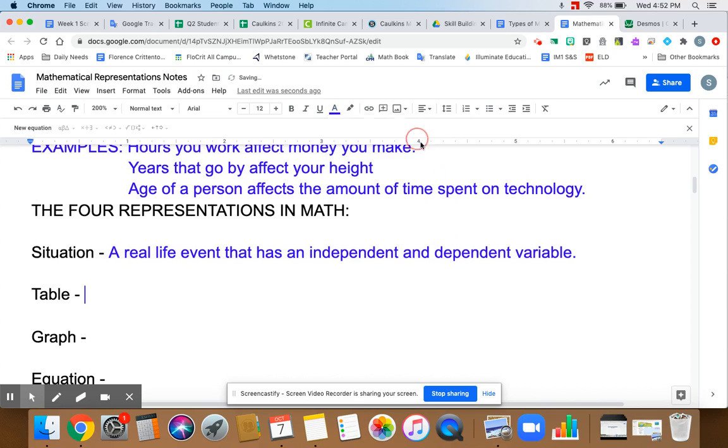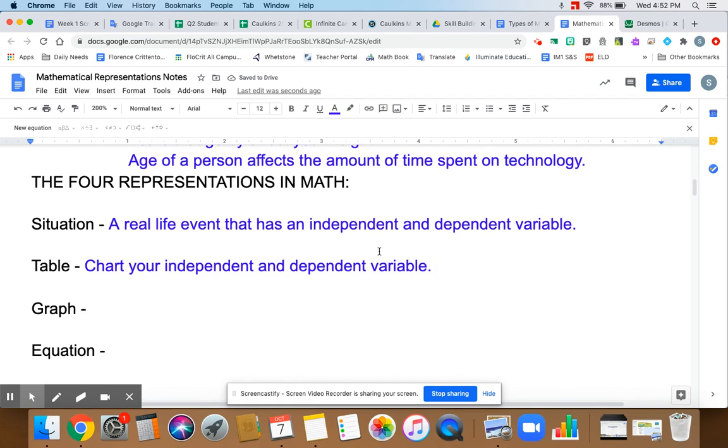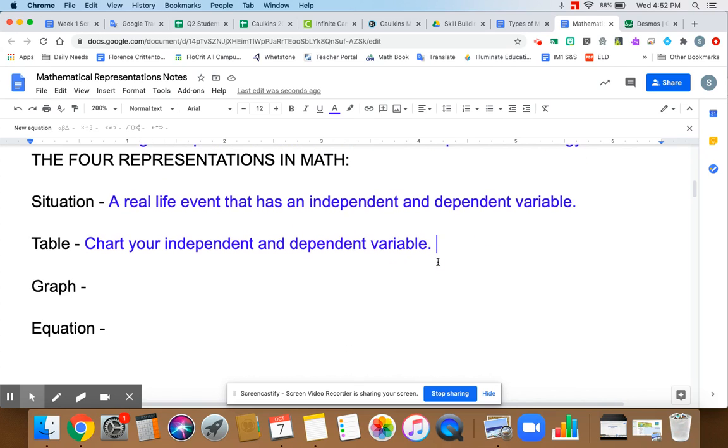A table is when you chart your independent and dependent variable. Tables usually have your x and y side by side, or in some way, and it's where you're just charting all of the different independent and dependent variables that you have.